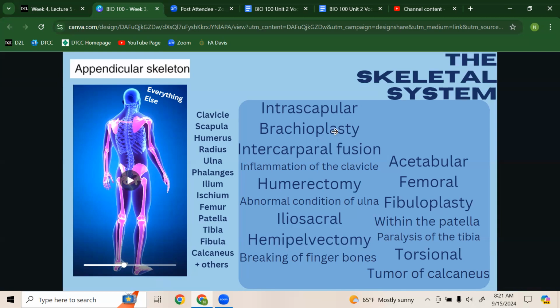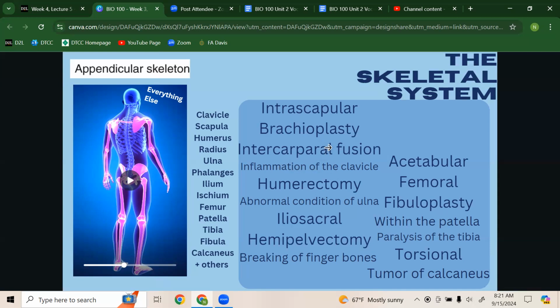Brachioplasty. This was from our first list. Plasty is surgical repair. Brachio is our combining form for arm, so brachioplasty is a surgical repair of the arm. Intercarpal fusion.